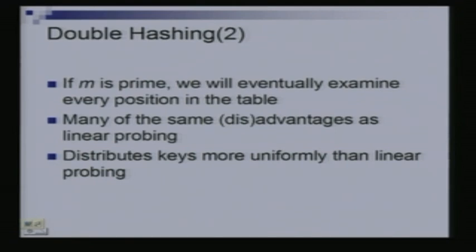We would not like the following to happen: there are empty locations in the table, but you start from a certain location and go, say, 3 units ahead, offset is 3, and you keep finding everything full, and then you come back to the starting location. Then you would not be able to insert the element at all, because maybe all of these locations you looked at were full, but other locations in the table were empty.